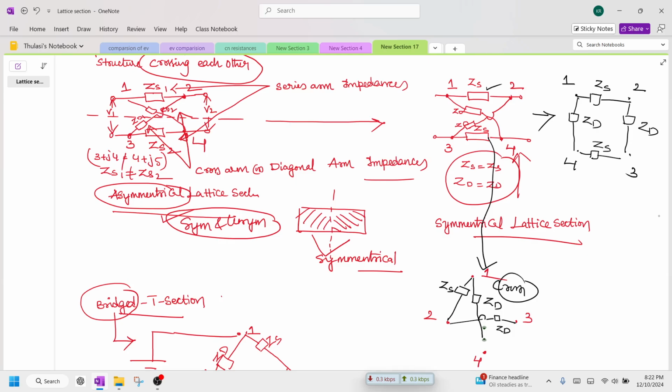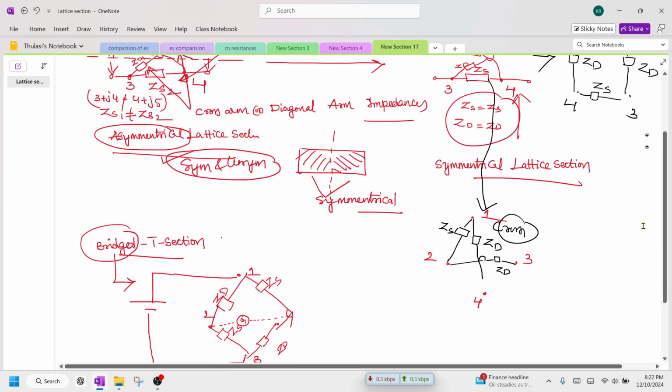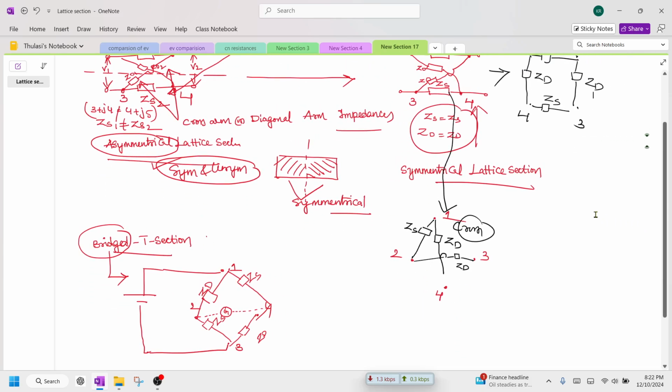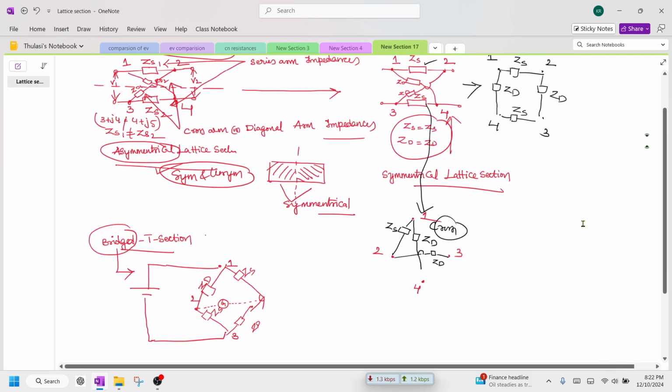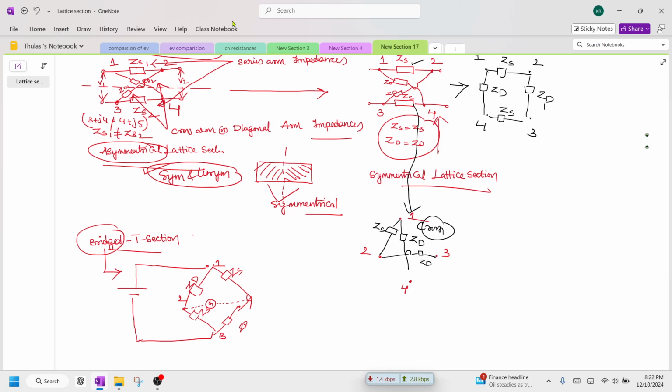Now compare this with the earlier network. Only the names are changed. This is 1, 2, 3, 4. If you relabel it, between 1 and 2 you have ZS, and between 1 and 4 we have ZS and ZD, one is ZS, one is ZD.